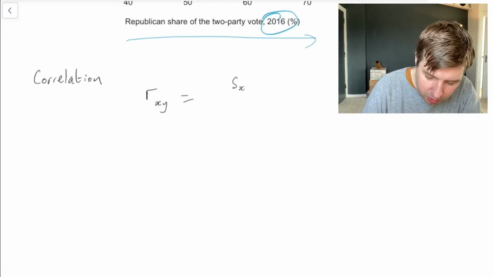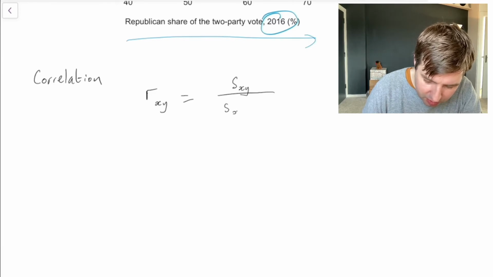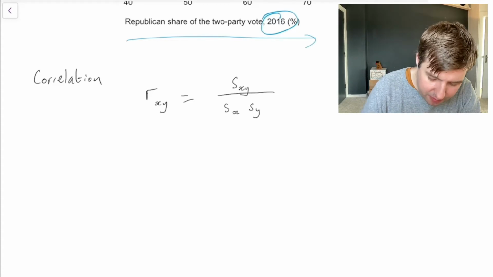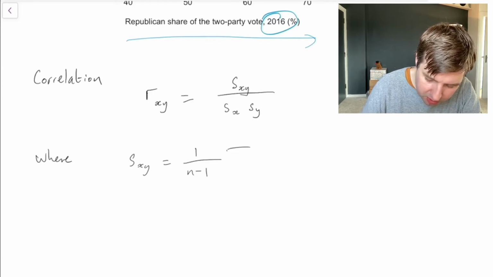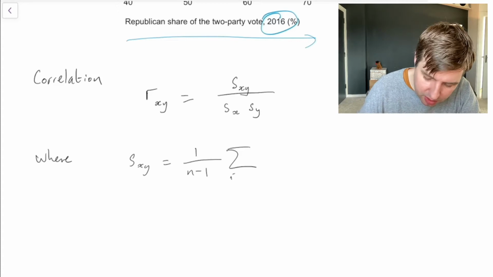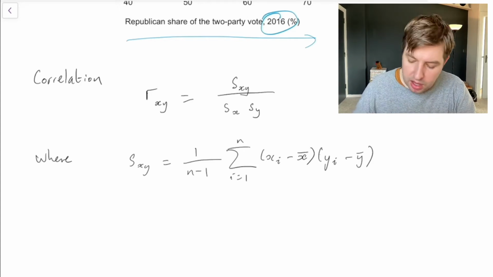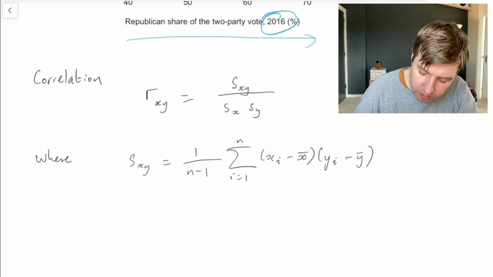And its formula is Sxy over SxSy, where Sxy is 1 over n minus 1, sum from i equals 1 to n of xi minus x bar, being the mean of x, times yi minus y bar. So those two things multiply together. That's sometimes called the sample covariance.